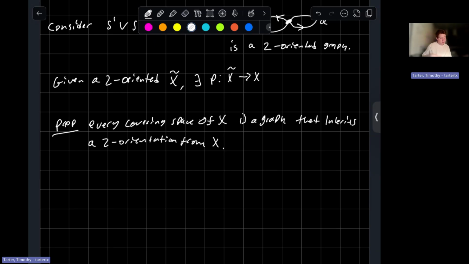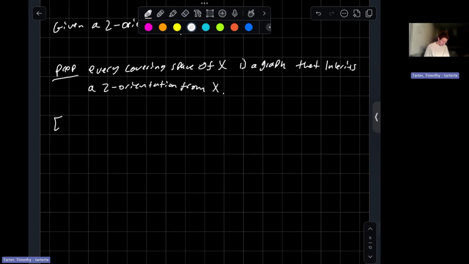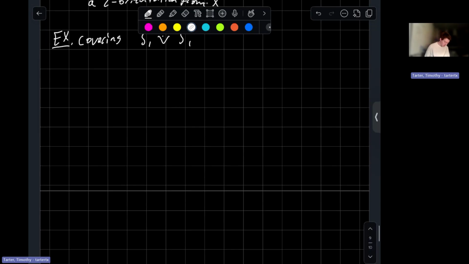I'm going to draw both the interesting ones and the ones that I'm able to draw. So example, covering S1 wedge S1. You have the basic one that was on the other page, and then this extension.